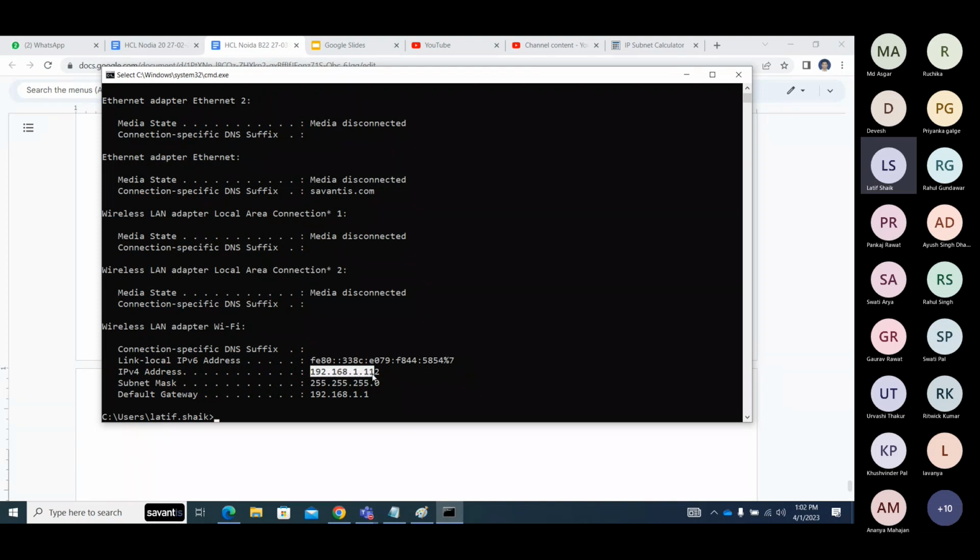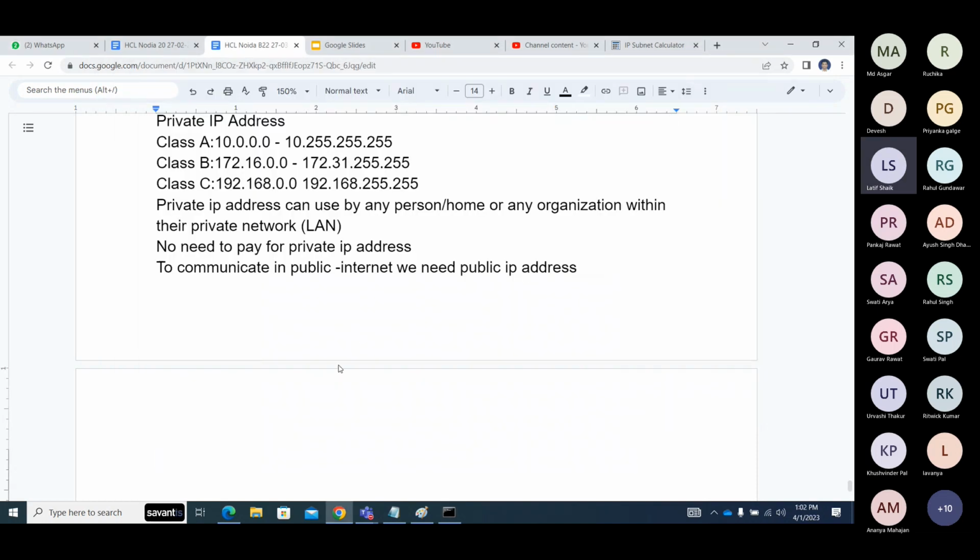So this is my IP address, my subnet mask, my default gateway. I'm at home, so my IP address is different. This is my IP address, and it is a private IP. But I'm getting internet. How?